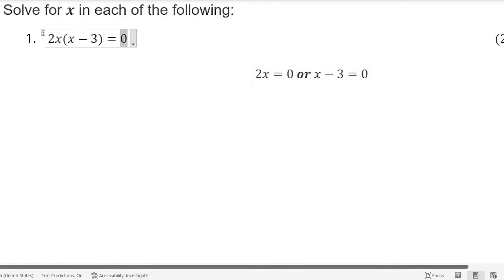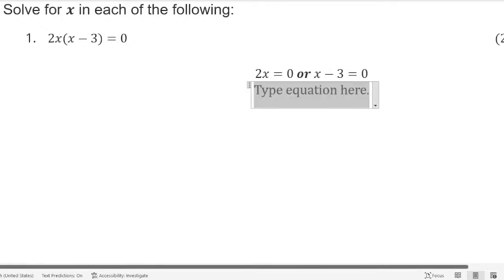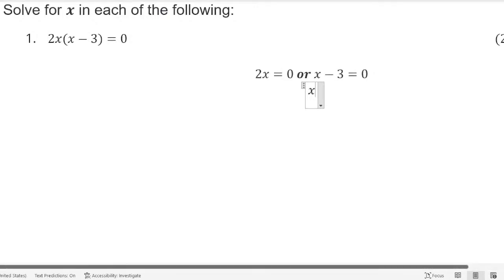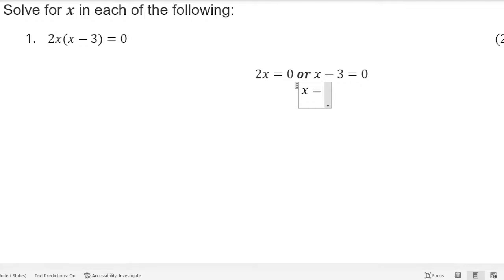So then we say here 2x is equals to 0 or x minus 3, this binomial, is equals to 0. Then you say x is equals to 0.